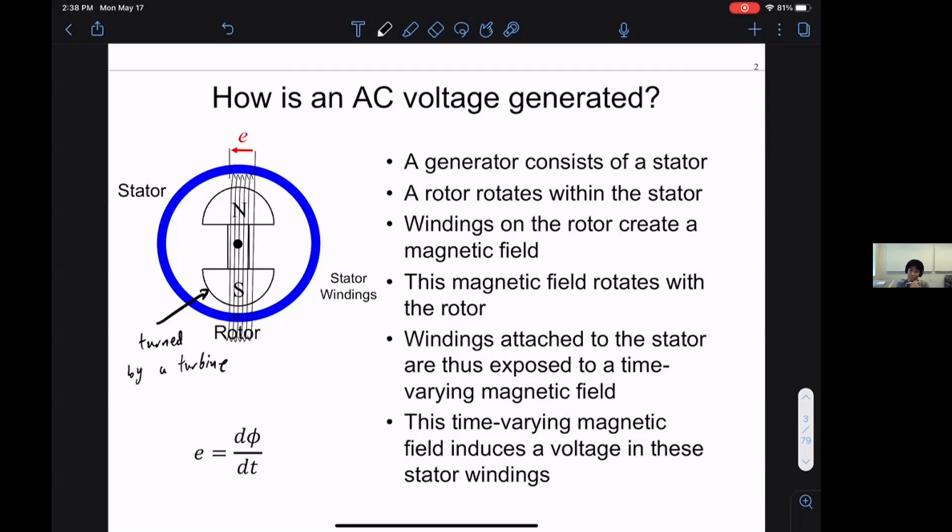At what rotation speed does it turn? 60 hertz. So the fact that we have a 60 hertz system comes from these things turning at 60 hertz. That's why we have a 60 hertz system.